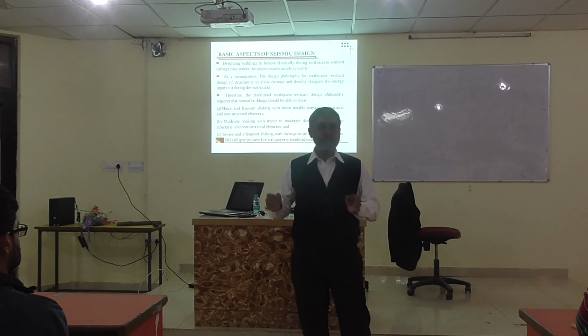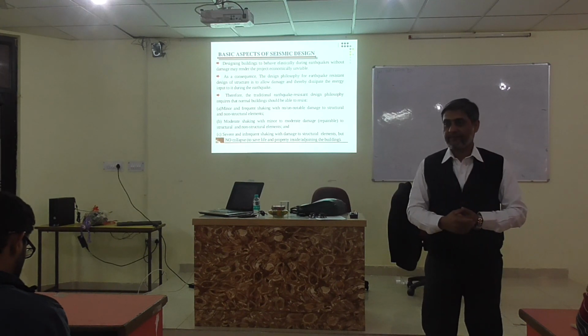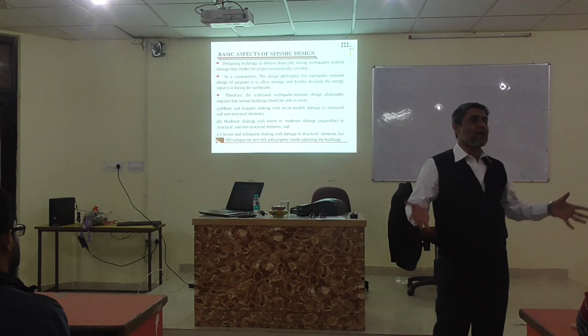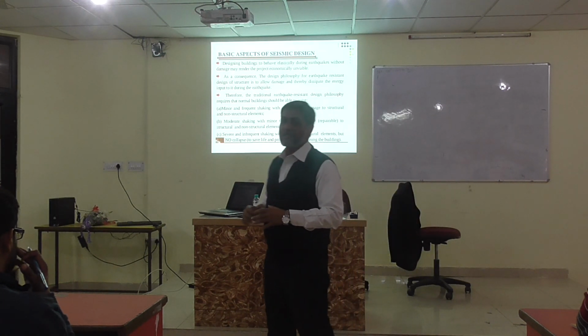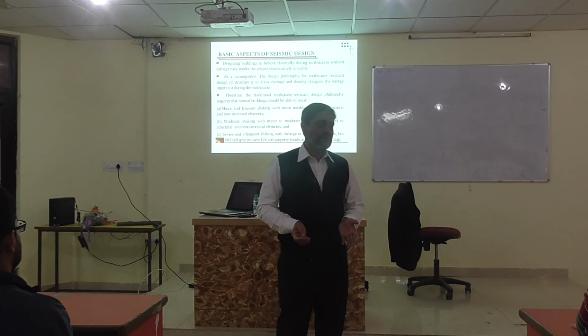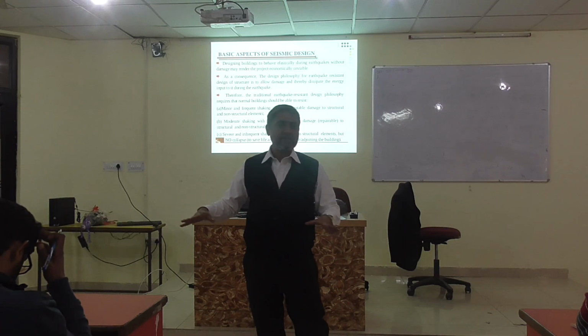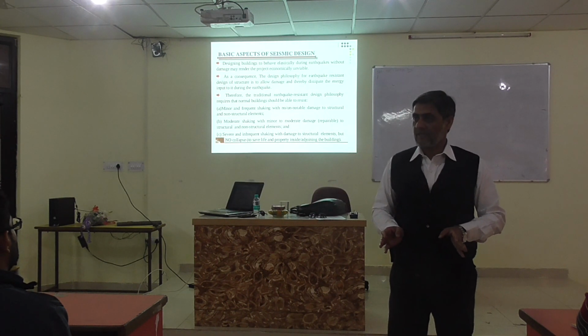Some structural component like columns, like beams may fail. But complete collapse will not be there. So what we are achieving again? We are again saving the human life. If a structure is not collapsing completely, most of the people residing inside can be saved.